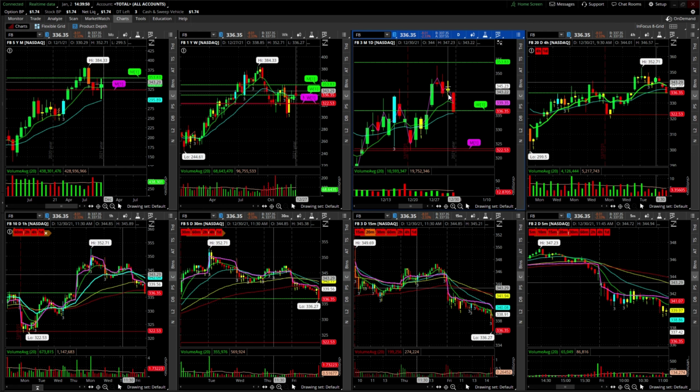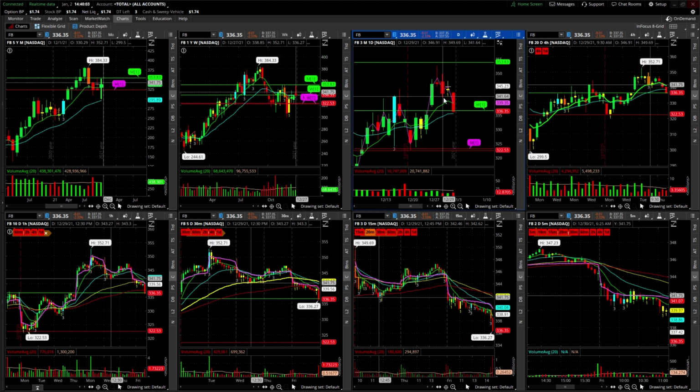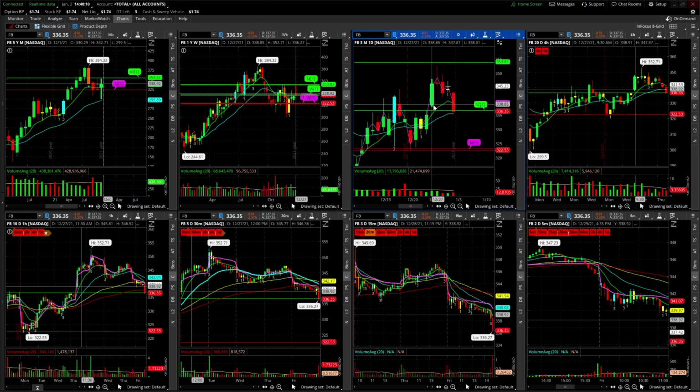So the entry idea was a short position under the 343.22 level with a first price target of 341.64, which is the previous day low, and then a secondary price target of the opening of this big green candle, which was 338.85, and then potentially the low, which is 338.01.